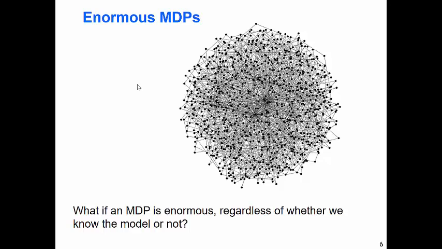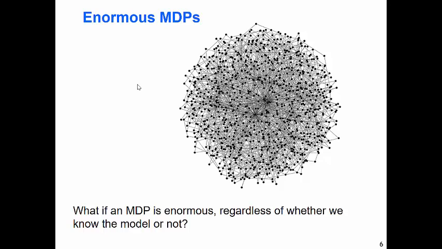So the other situation that we mentioned was when the MDP is enormous, and in particular when it's so large that you could not enumerate the states and run what we call table-based value iteration or policy iteration.